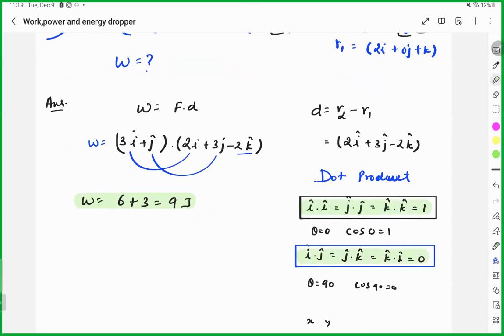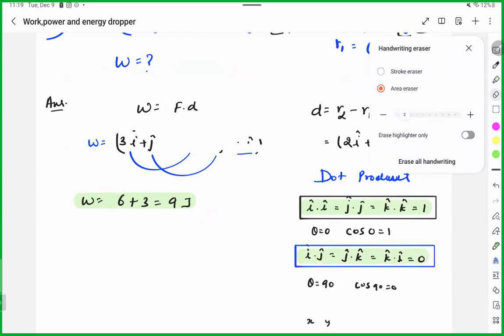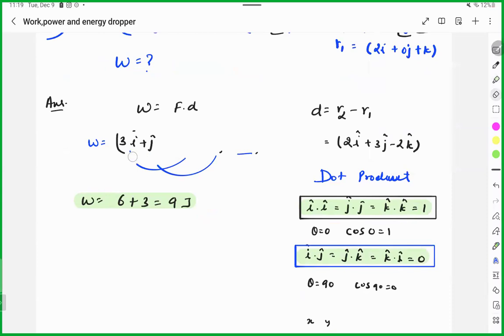Okay, and to make it further easy for the calculation part, what you can do is write in more detail. For example, you can write force as 3i plus j plus 0k cap, dot. What was our displacement? 2i cap plus 3j cap minus 2k cap.